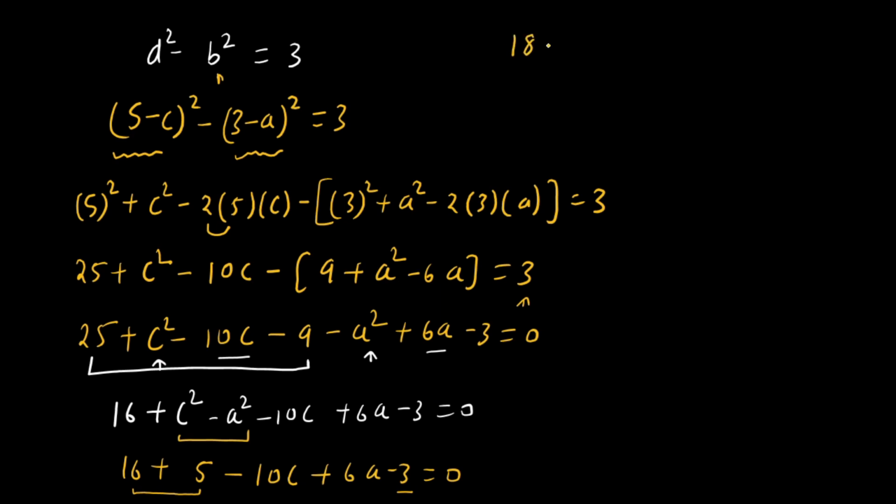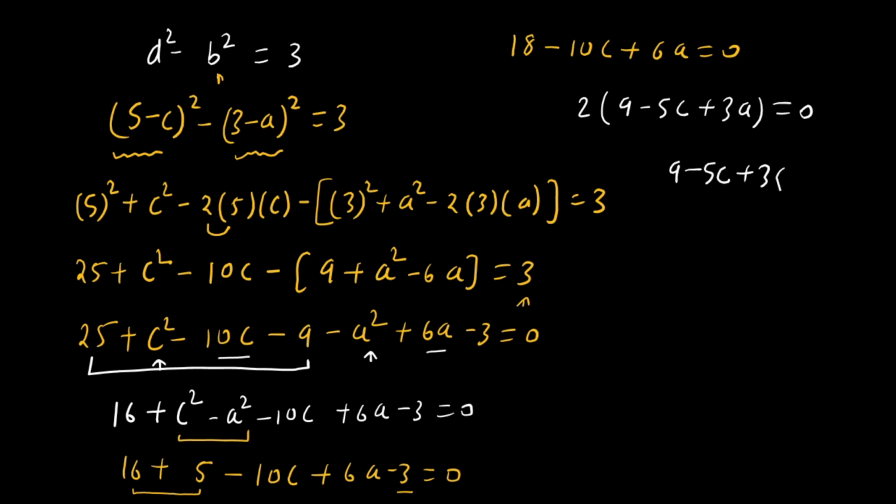Then 18 minus 10 times c plus 6 times a equals 0. On the left hand side, if we take 2 common, then 2 times (9 minus 5 times c plus 3 times a) equals 0. Dividing both sides by 2, 9 minus 5 times c plus 3 times a equals 0, so 5 times c minus 3 times a equals 9.